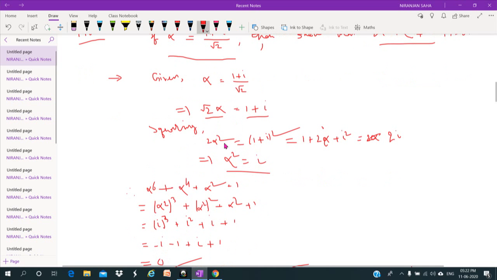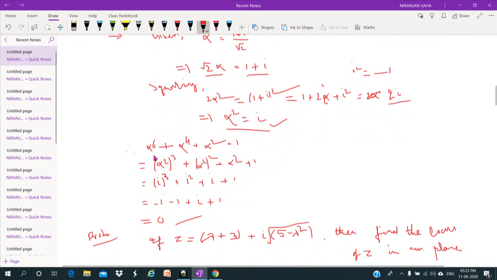Squaring both sides we have 2 alpha square equals (1 plus iota) whole square. So here we will use the (a plus b) whole square formula: 1 plus 2 iota plus iota square. Iota square is equal to minus 1. So we put minus 1, then 1 minus 1 is 0, and we will get 2 iota.